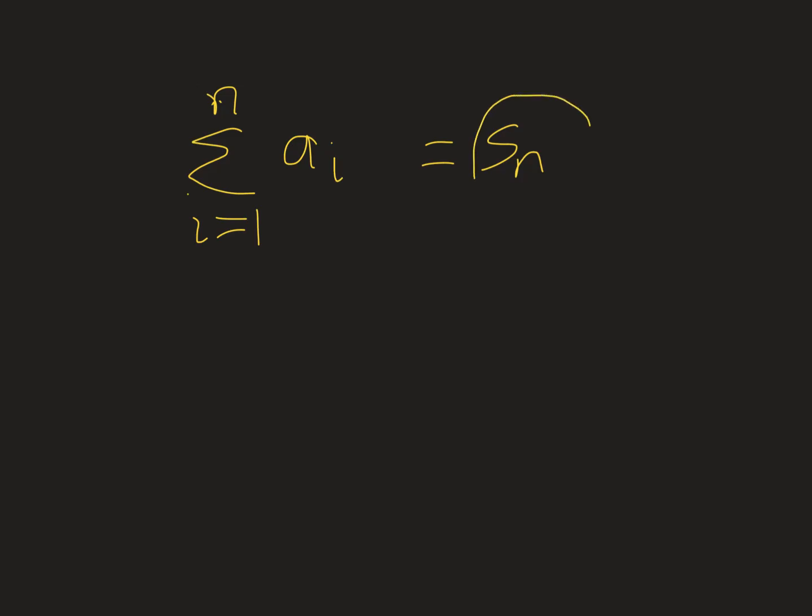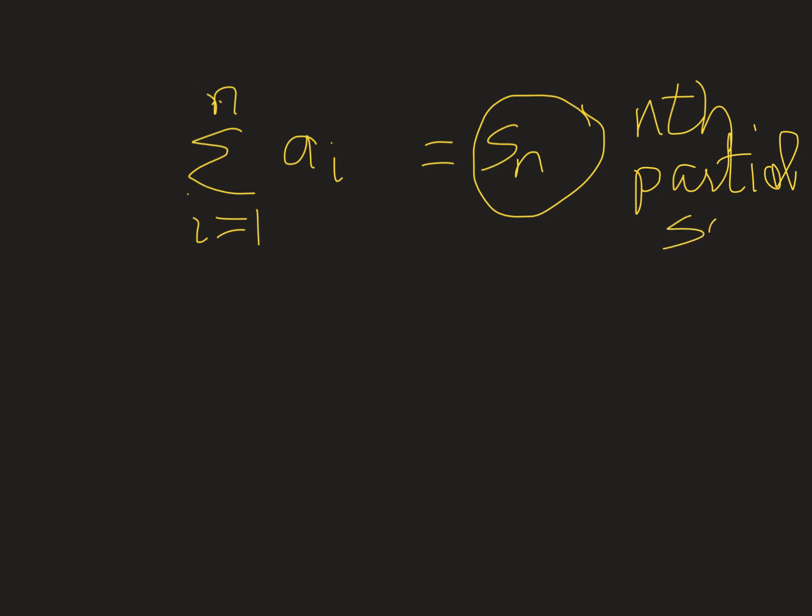This is called the nth partial sum. Remember, a partial sum is where you only add up to n terms. So the sum of a sub i from i equals 1 to n is the nth partial sum, and we write that as s sub n.